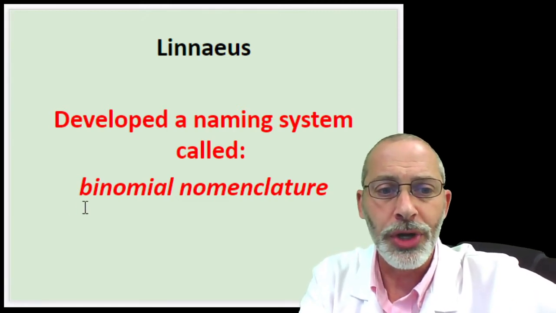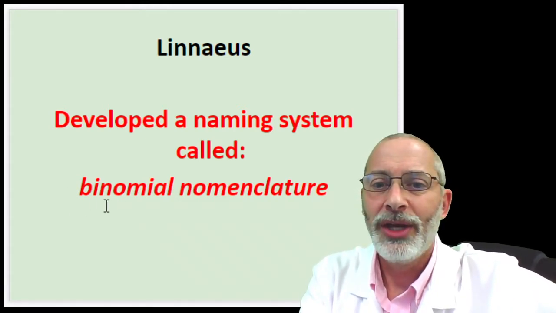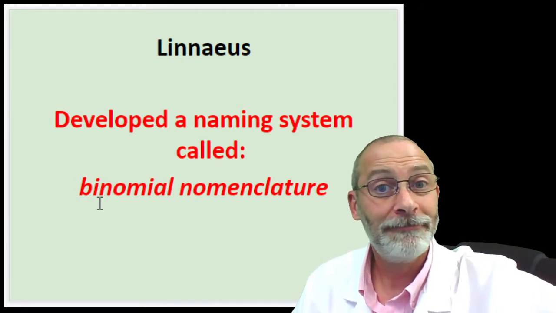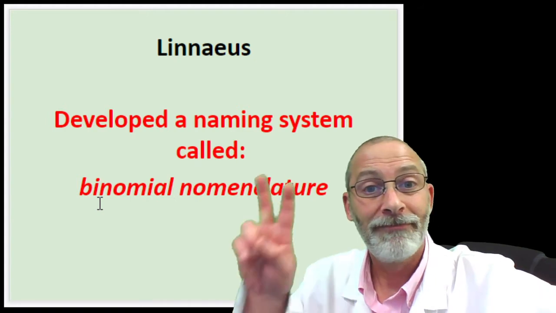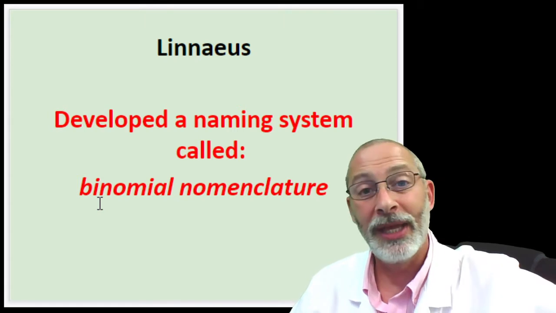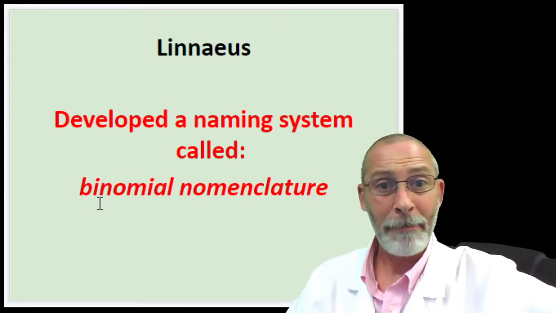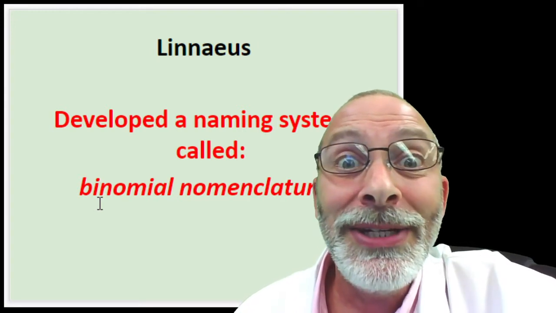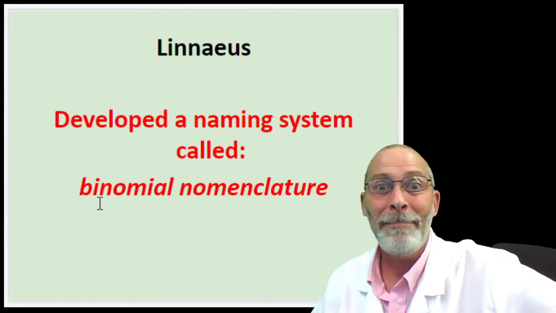First, look at the word binomial. Any idea what the prefix bi means? Means two. Think of a bicycle, biplane. I want to ride my bicycle. I want to ride my bike.